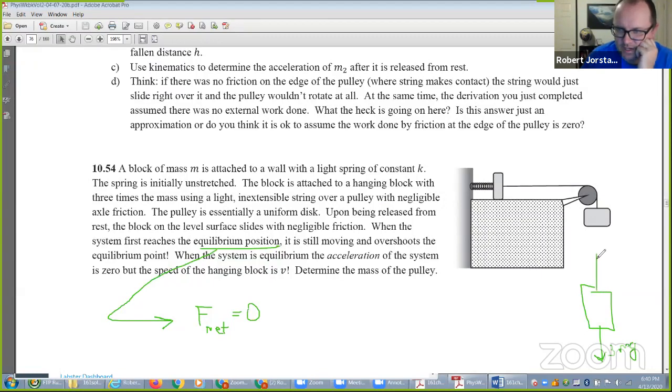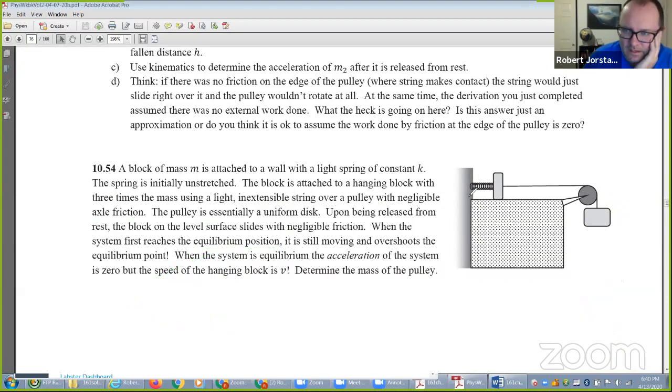There's going to be a force upwards on it. We could call this tension 1, right? This is tension 1. This is not tension 1. This is tension 2 because it's a different side of a massive pulley. They do not have the same tension. But I do know that these two things should be equal here. So you could try and go about and figure this all out.